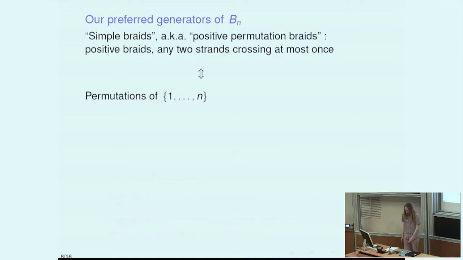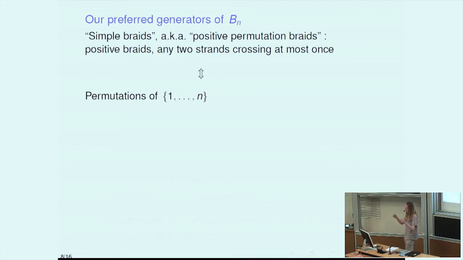Okay, the proof is all Garside theory, so I have to tell you something about Garside theory. Our preferred generators of the braid group are those simple braids, which I already mentioned, positive permutation braids.